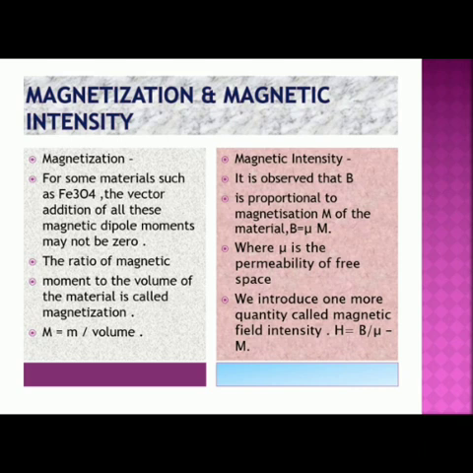Now we move on to the last part of your part 1, that is the magnetic material, giving us the definitions of magnetization and magnetic intensity. Now, this slide gives you the definition of magnetization and magnetic intensity.